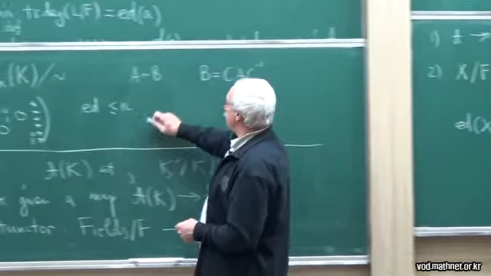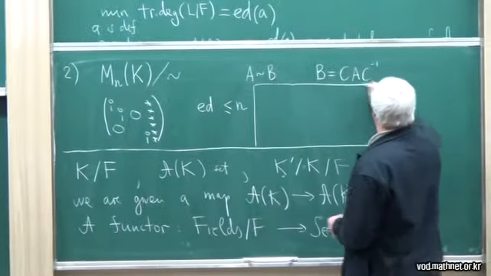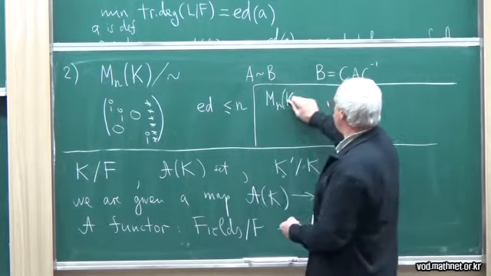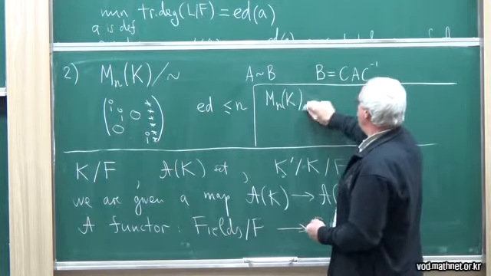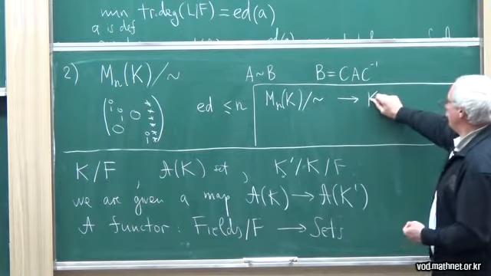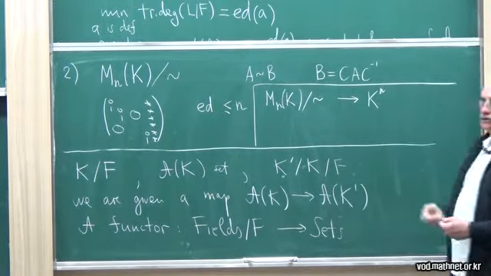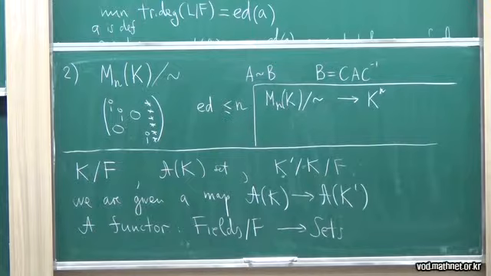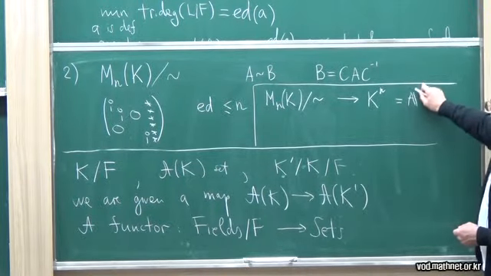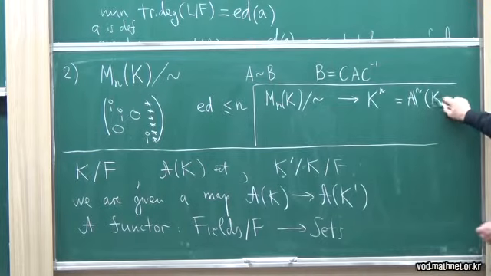What I do, I construct a map from our structure to k to the n, to the tuples of elements over the field k, which is, by the way, the k points of the affine space. A^n is the affine space, and k points are just n-tuples of elements of k.